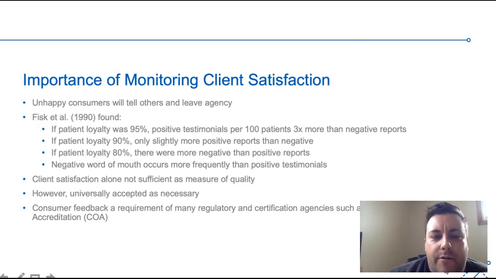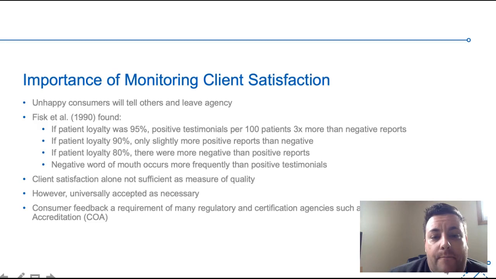In other words, if clients are displeased, they're more likely to tell people than if they're pleased. So the reputation of the agency, if it's bad, is likely to spread, and it's frankly easier for it to spread, according to what Fisk found.